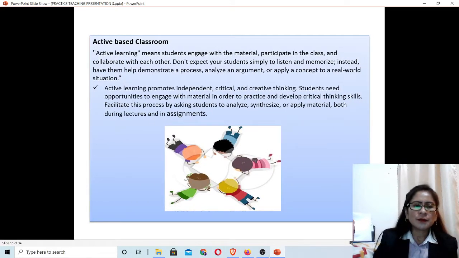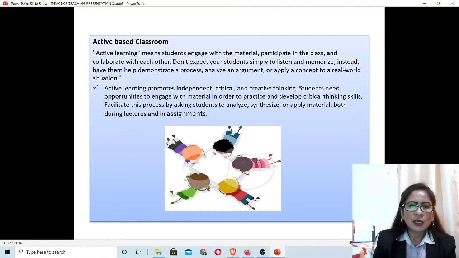Active classroom. Active learning means students engage with the materials, participate in the class, and collaborate with each other. Don't expect your students simply to listen and memorize. Instead, have them help demonstrate a process, analyze an argument, or apply a concept to a real-world situation.